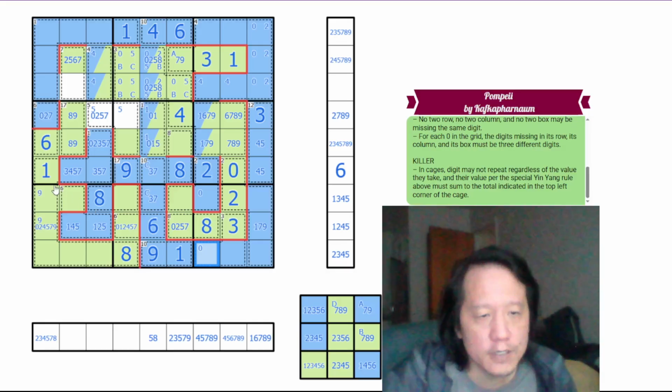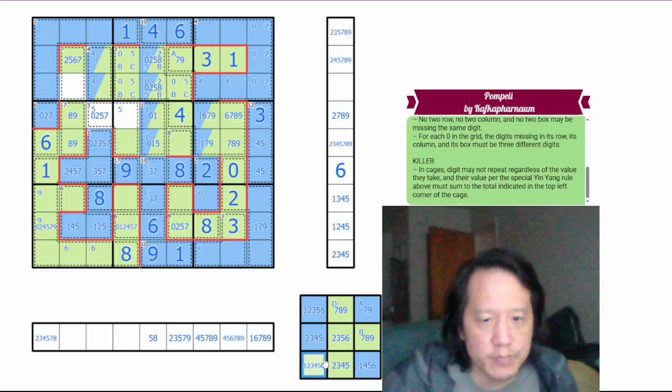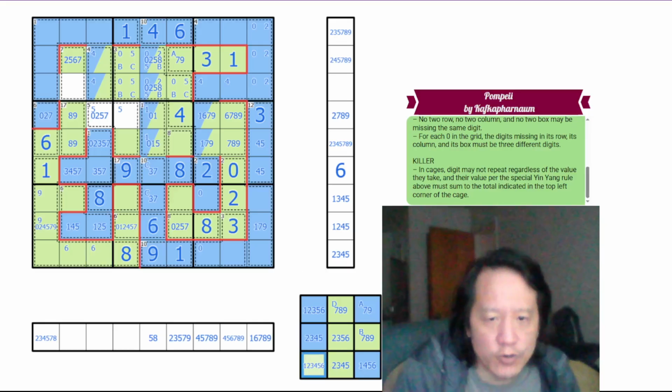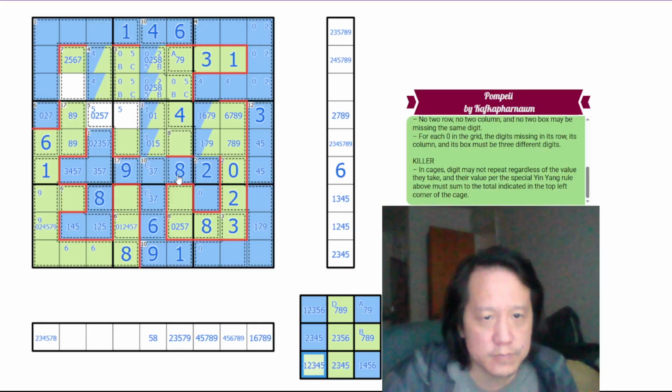We need a 6 in this cage here. So 6 has to be one of these two, which means in box 7, we're not missing a 6. In one of these is a 6 guaranteed here.